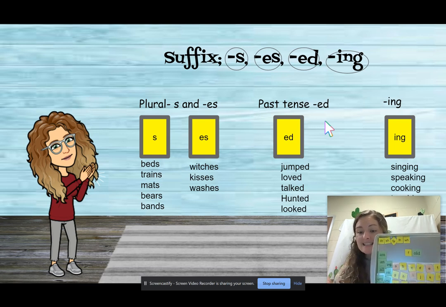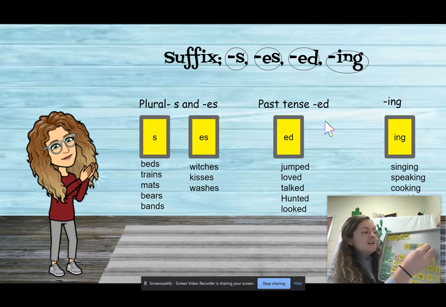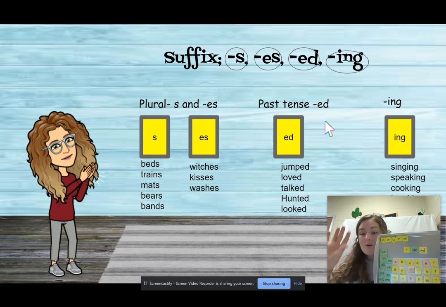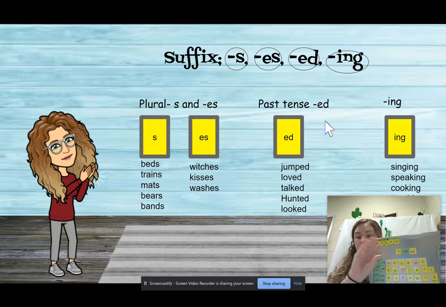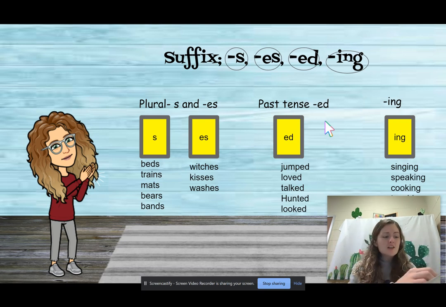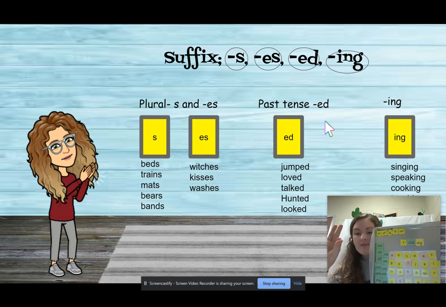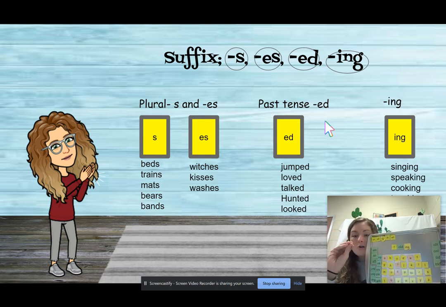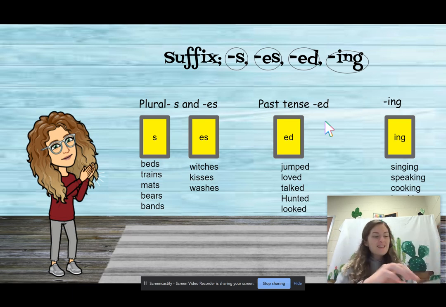Am I going to add ed or ing? If I did something in the past, I'm going to add ed. So I would tap this word like so. Old, fold, folded. Let's say I fold the laundry right now. That means I am folding. Old, fold, folding. Good job.